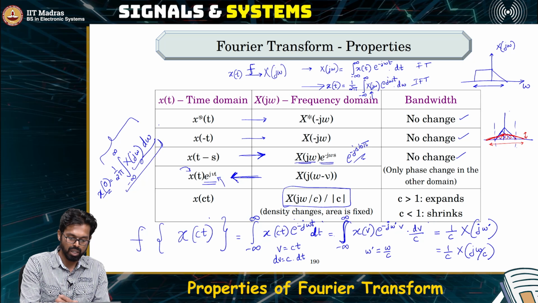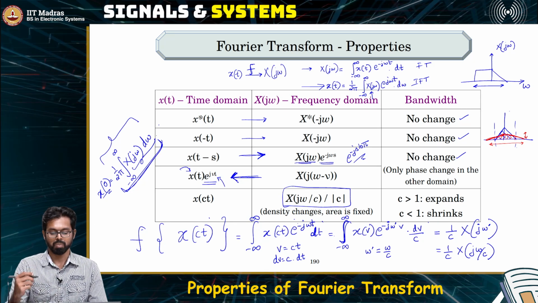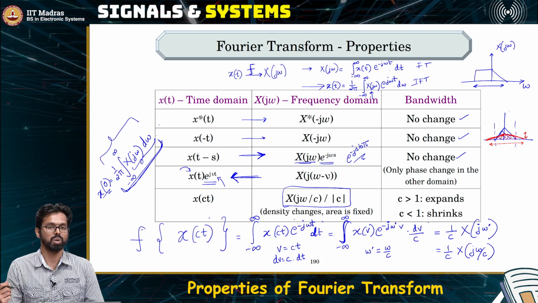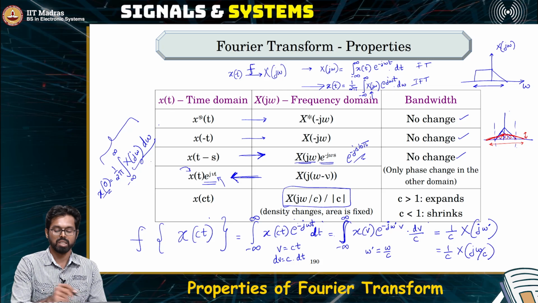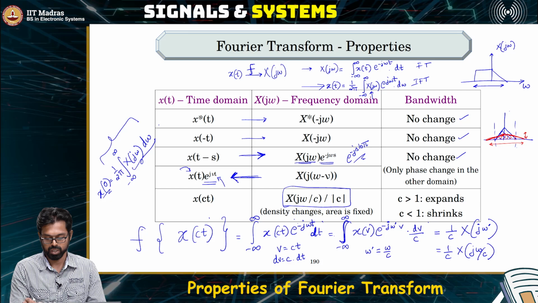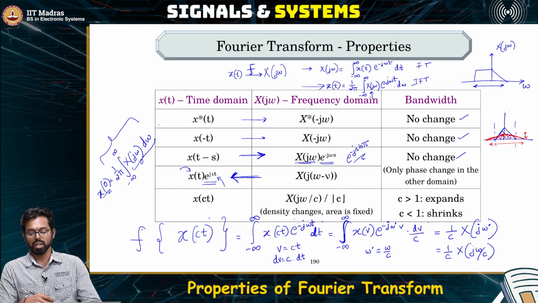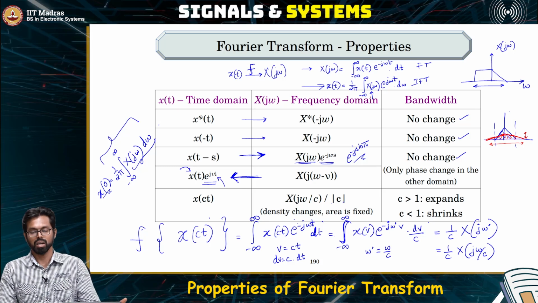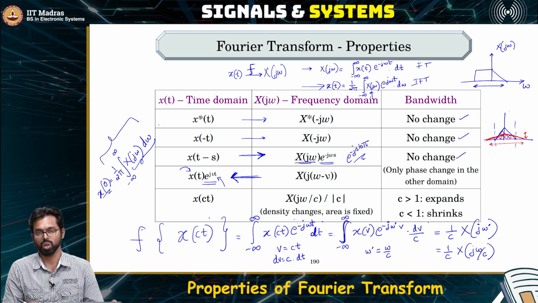That means the area under the spectrum should also not change. So, the value of the signal at 0 determines the area under the spectrum. That should not change no matter what the scaling factor is, and that is the reason why you see a division by c here, which takes into account the area scaling, so that the area is finally normalized no matter how much you stretch or shrink.